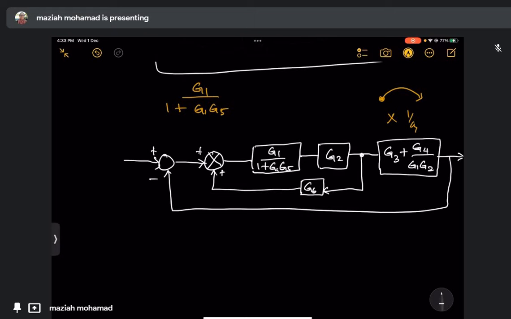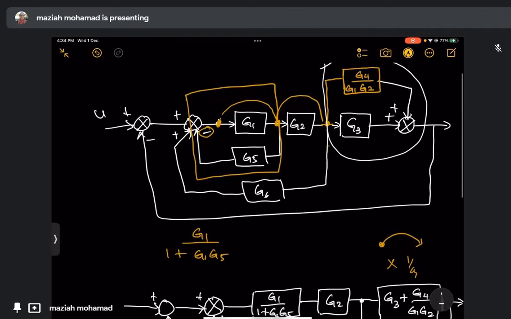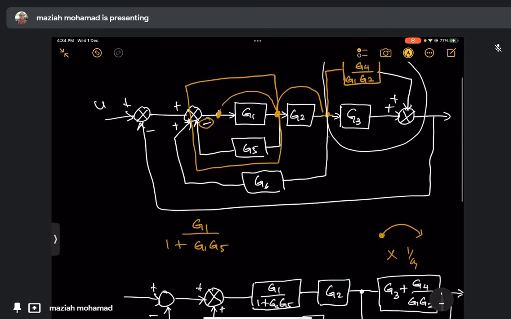So far, G3 plus G4 over G1, G2 is when we solve for the feed forward. So we add the two together, the G3 plus G4 over G1, G2, right?